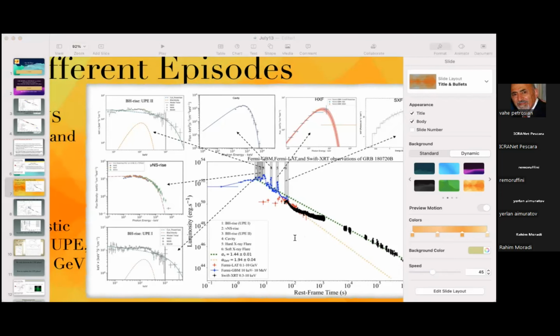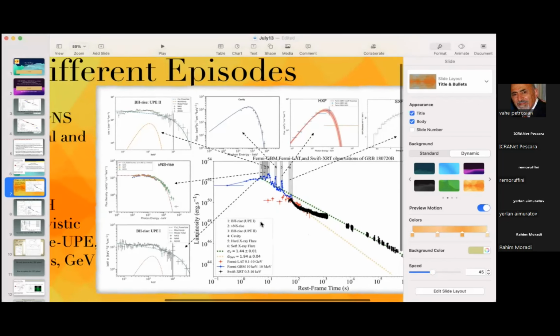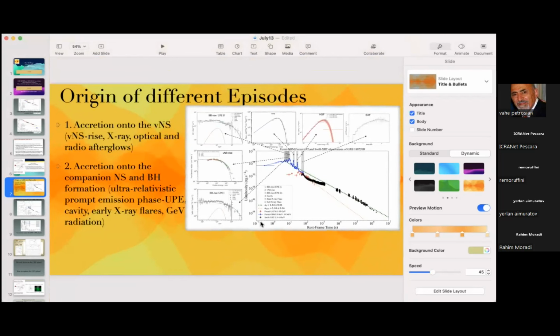And this is the red part. Again, that radiation comes along the rotation axis of the black hole. Is that clear or not?